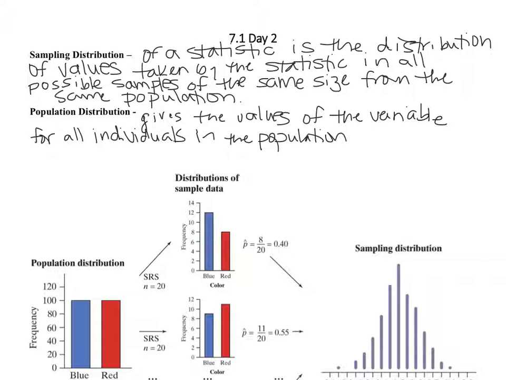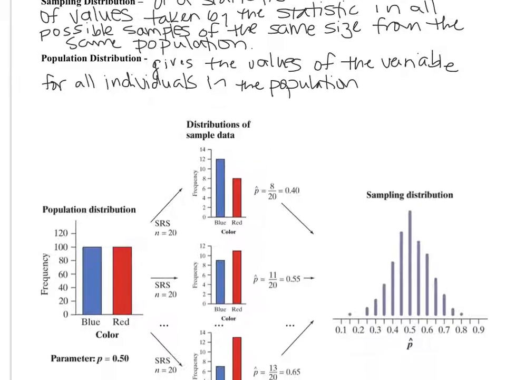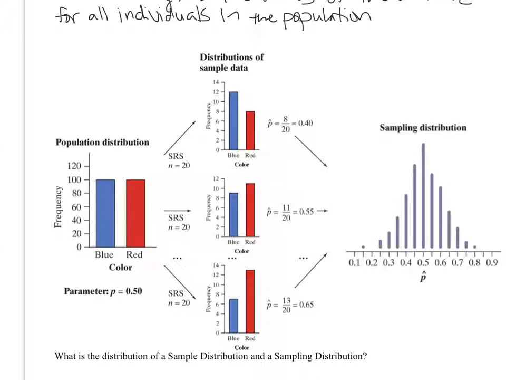So below, we have an example of each. So we have the population distribution where we have 50-50 red and blue chips.